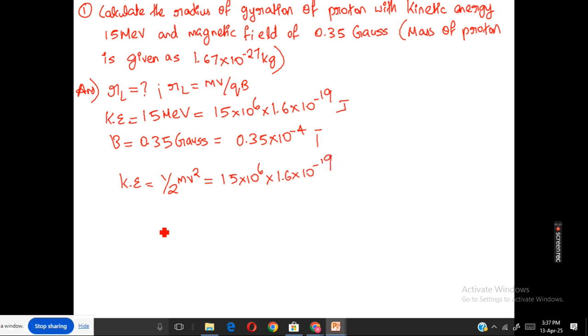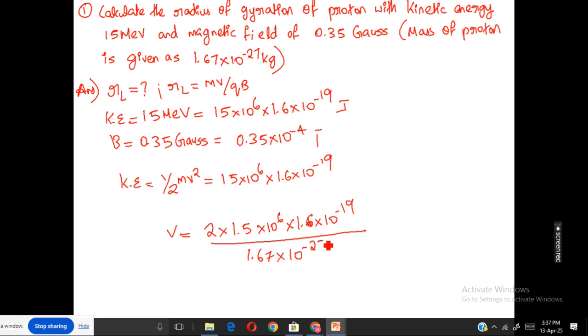From this we can calculate the value of V. So V will be the root of 2 into kinetic energy divided by mass, which is 1.67 into 10 raised to minus 27, as given in the question.